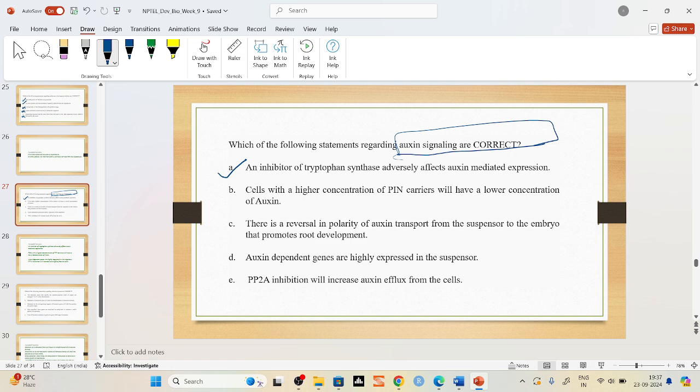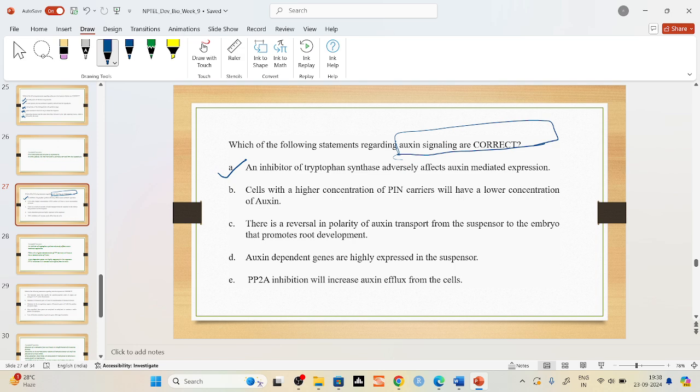Okay. The next option is: cells with a higher concentration of PIN carriers will have a lower concentration of auxin. That means PIN and auxin concentration are opposite to each other. If PIN is more, auxin is less. If auxin is more, PIN is less.